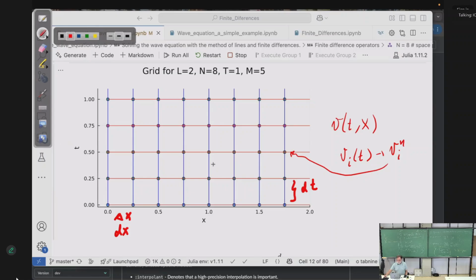Okay. So if this is n, this is n plus 1, and if this point is i, this is i minus 1, etc. And here we are not putting this point here, because since we are using periodic boundary conditions, this point here is the same as this point here. Okay?